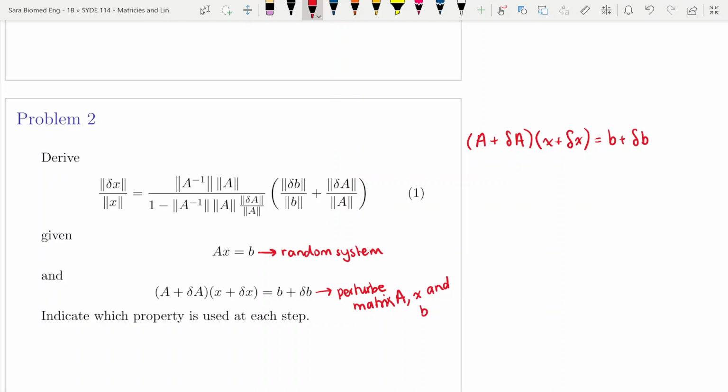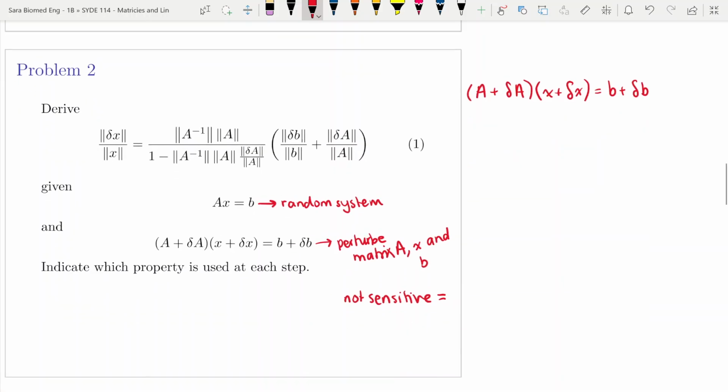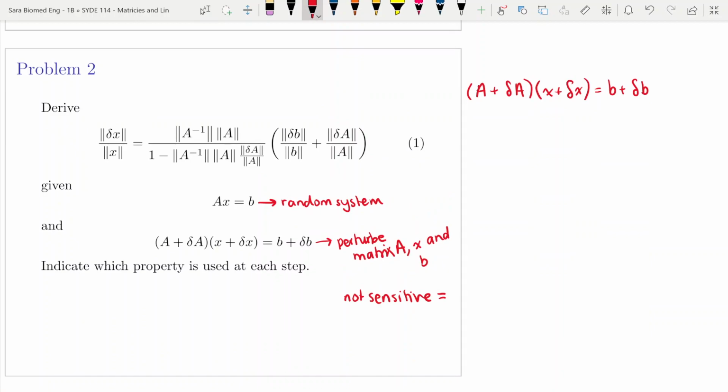If the new x we get is close to the original x, that means the A matrix here is not sensitive to some perturbation, right? But if I got a totally new x, which is very different from the original x, that means the A matrix is sensitive to some noise or perturbation. Okay, and this is why I'm doing this.